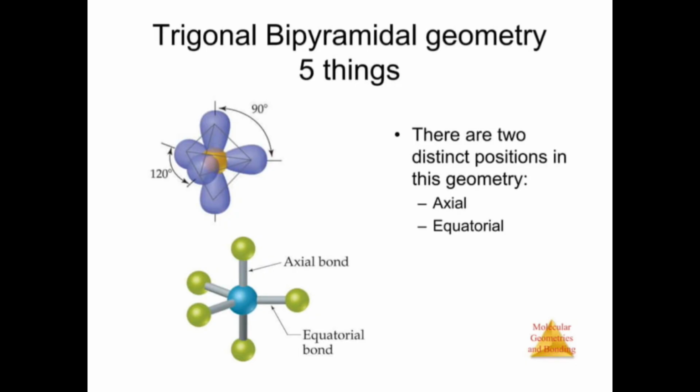You can have axial geometry. That means you are looking at it from the axial point of view, like you have seen in the picture here. So at the axial, you are going to have 90 degrees as the bond angle. But when you are looking at the equatorial geometry, from the equatorial point of view, you are going to have 120 degrees.